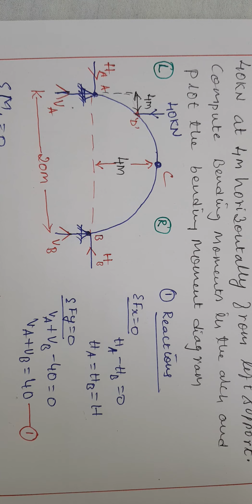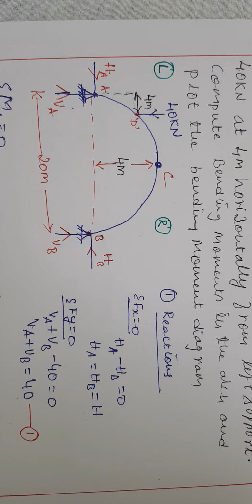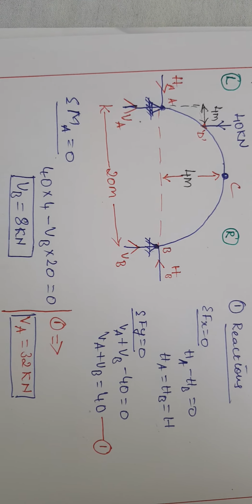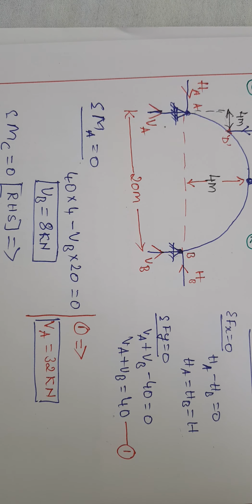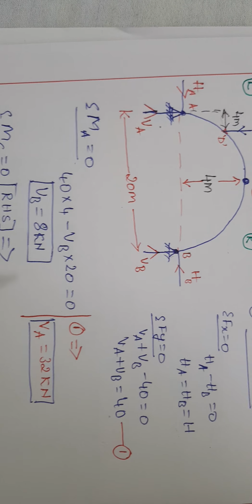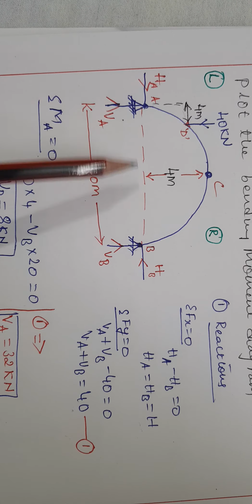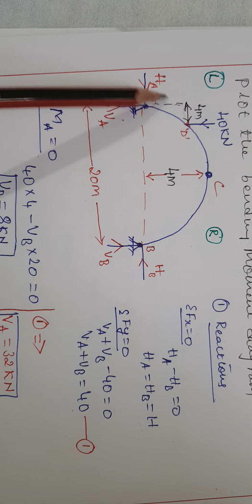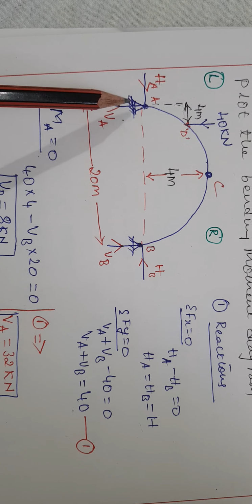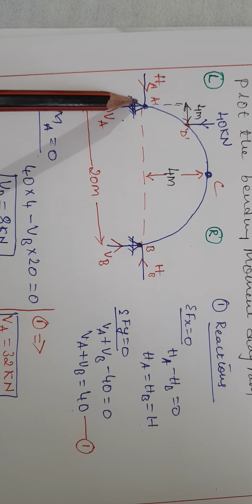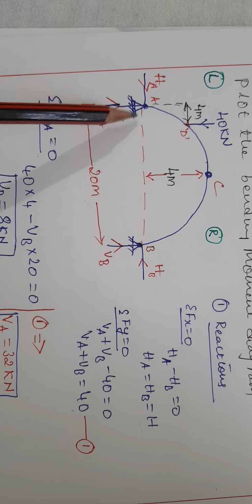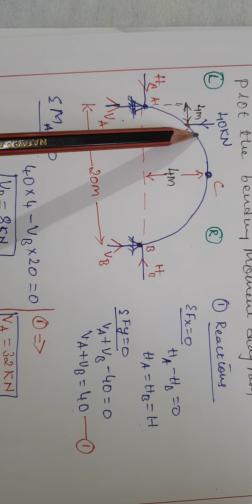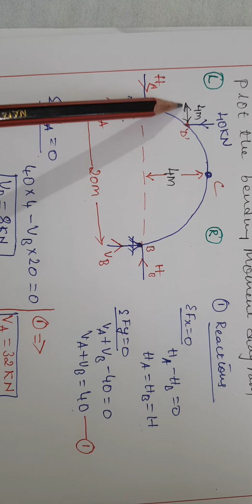After applying two equilibrium conditions, I am considering the next equilibrium condition, that is moment at A equal to 0. See here, for moment at A equal to 0, we have two forces acting at point A, but there will be no perpendicular distance with respect to A. These two will become 0. For the 40 kilonewton, we have a perpendicular distance of 4.